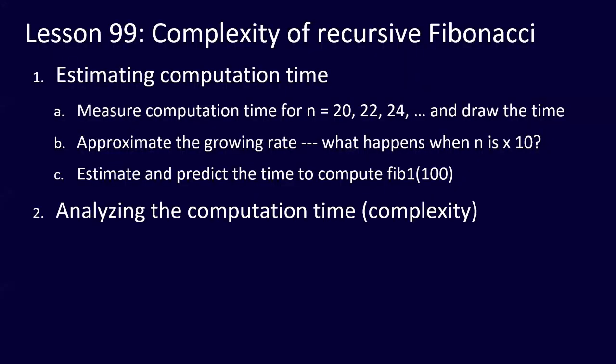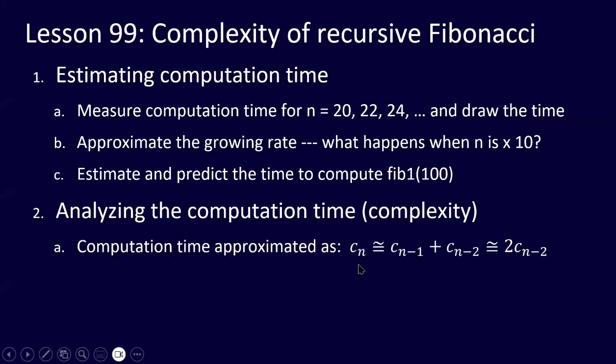So here, of course, we can do a little more analytical estimation. The computation time to compute the Fibonacci number up to n is almost the same as the computation time to compute up to n minus 1 plus n minus 2.